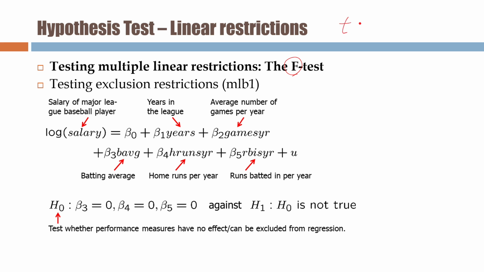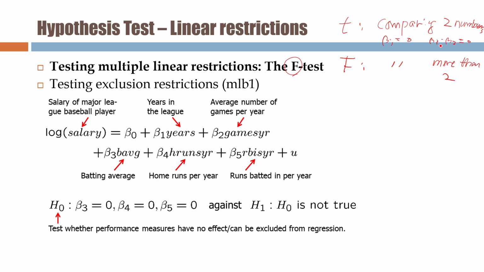The t-test is for comparing two numbers, and the F-test is for comparing more than 2. So a t-test is usually like beta j is 0 or not, or beta 1 minus beta 2 is 0 or not.